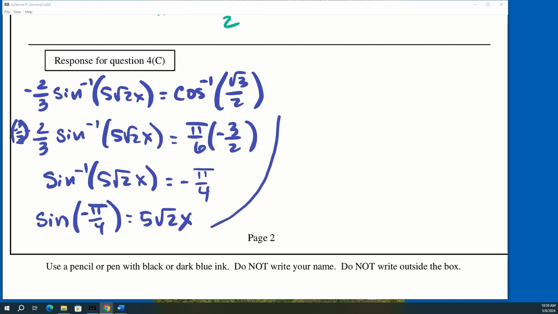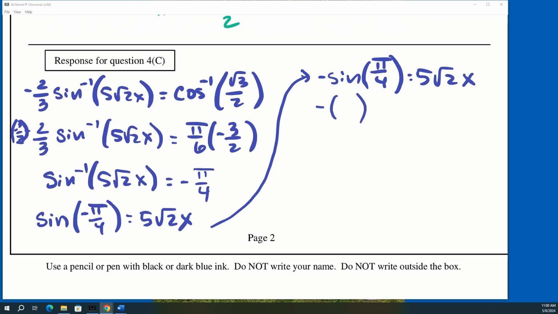Sine is odd, so that negative just comes out in the front. And then we can just worry about pi over 4. If it had been cosine, which is an even function, then that negative just dissolves, it just disappears. All right, so what is the sine of pi over 4?